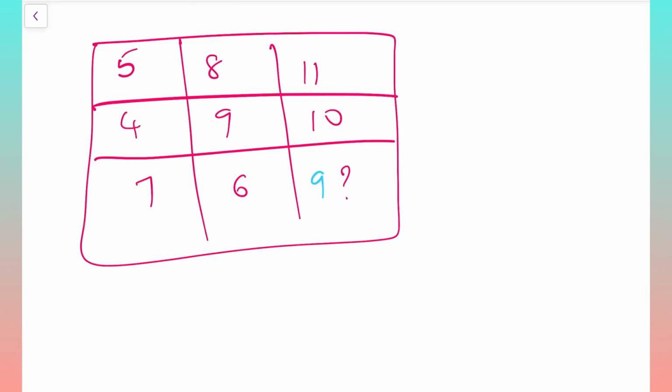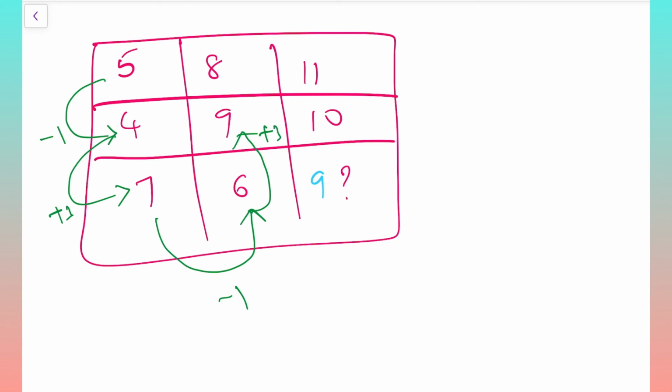Okay, now that question is: from 5 to 4, how much are we decreasing? 1. I write that as minus 1. From 4 to 7, plus 3. Next, from 7 to 6, minus 1. 6 to 9, plus 3.